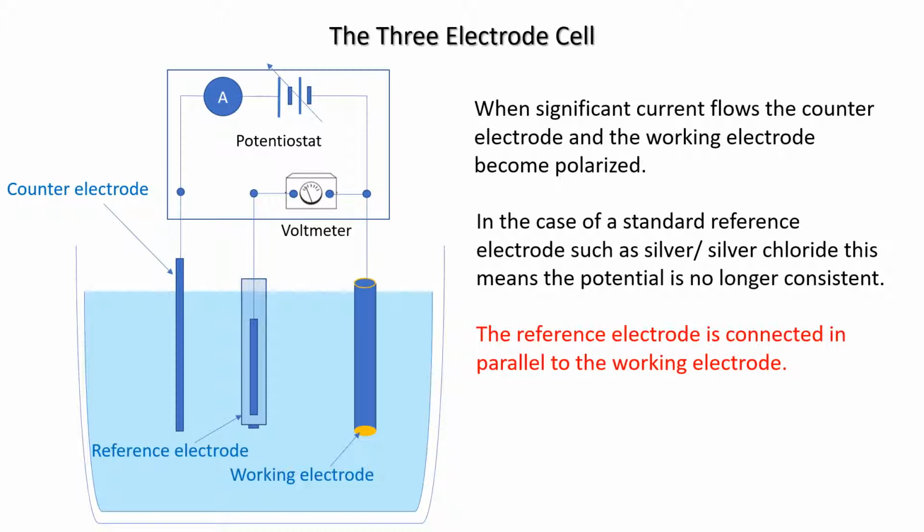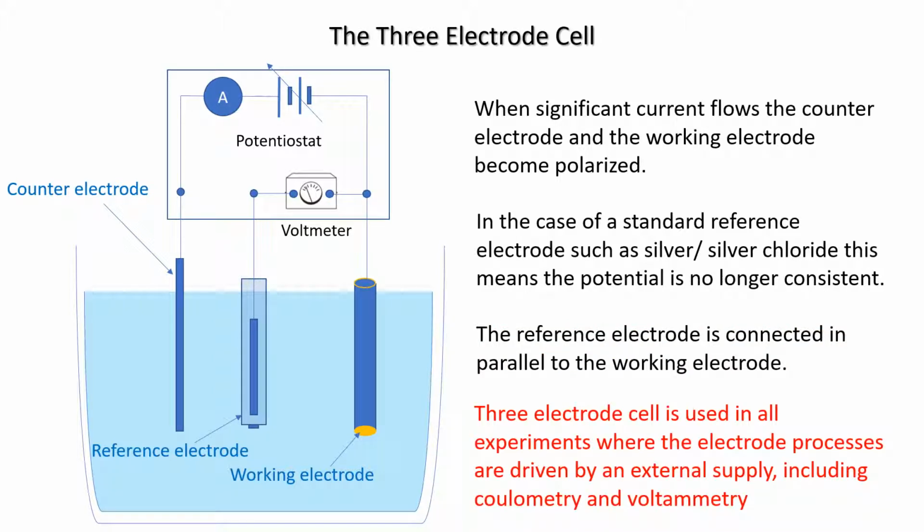Due to the high resistance of the voltmeter, an appreciable current now does not flow between the reference electrode and the working electrode, and the reference electrode does not become heavily polarized. The 3-electrode cell then is used in all types of analytical electrochemical experiments where there is a significant flow of current.